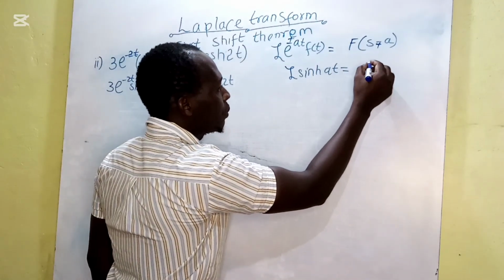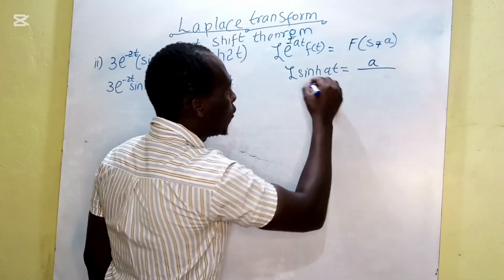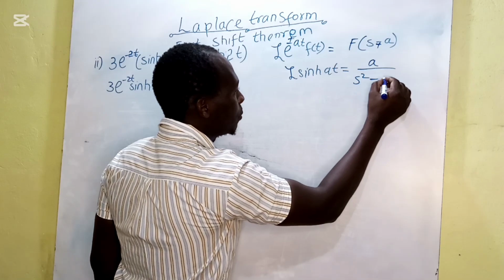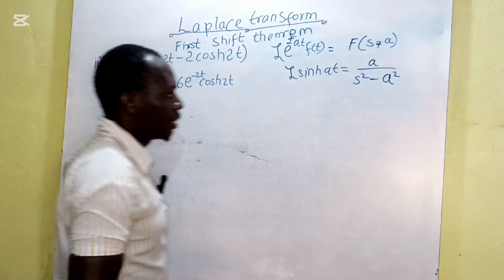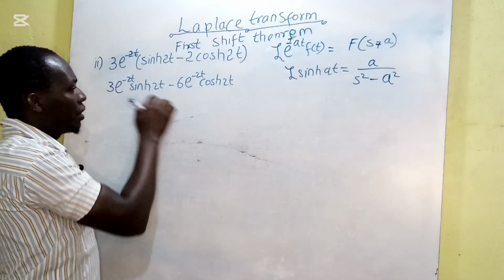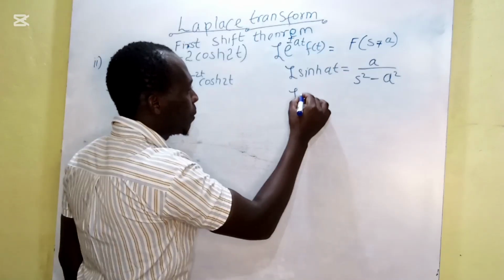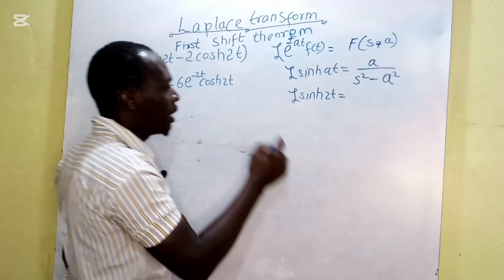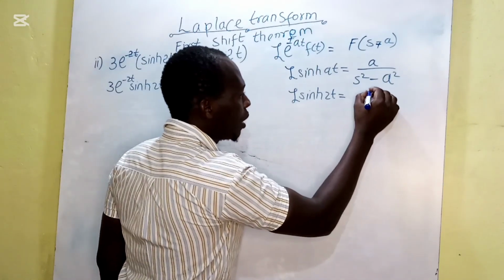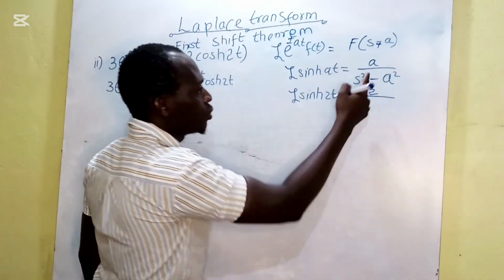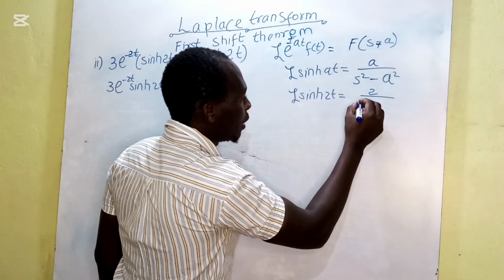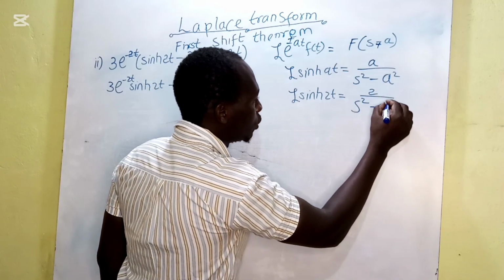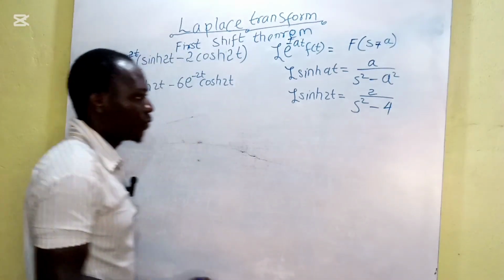Here we are told to find the Laplace transform of sine hyperbolic 2t, to mean that a is equal to 2, so we are going to have 2 all over s squared subtract 2 squared, which is equal to 4.